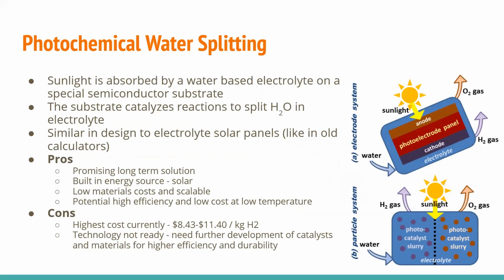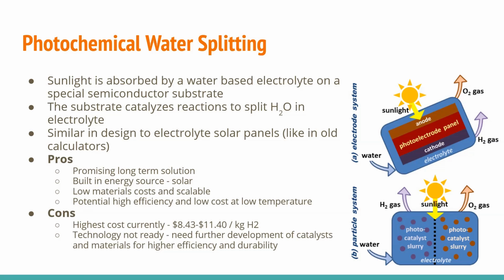In the extreme long term, there's photochemical water splitting. I don't know, maybe you'll even remember those old calculators that used to have those little solar chips on them. But these are constructed very similarly to that. You essentially have a semiconductor with an electrolyte, a water-based electrolyte on top of that special semiconductor.